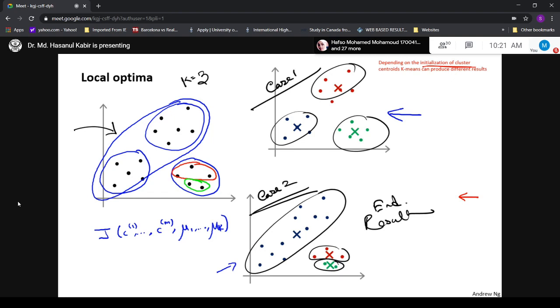For one cluster center combination, you end up with something like this. With the same data set, if you run your k-means algorithm a second time or third time, you end up with a totally different thing. Is this clear? Yes, sir.